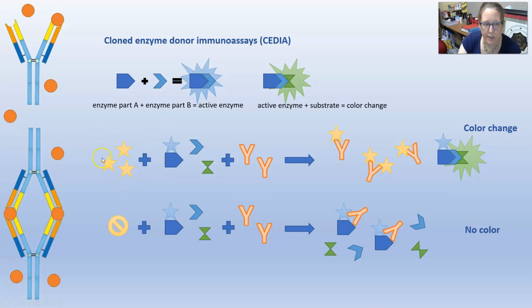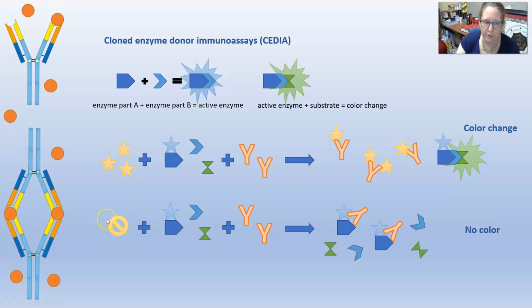And here, in yellow, is the sample. Whether or not there's analyte in the sample, all of these are incubated together. If analyte is present in the sample, it soaks up the antibodies, and therefore the enzymes can assemble, work on the substrate and do the color change.